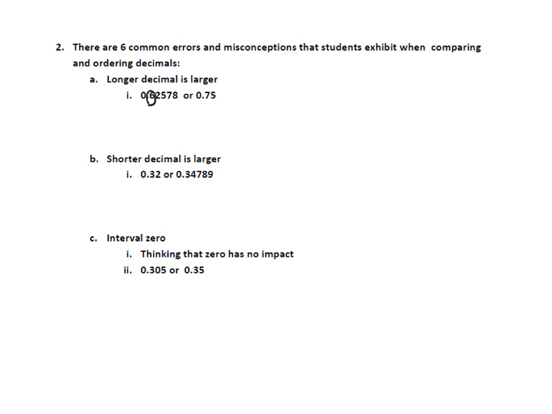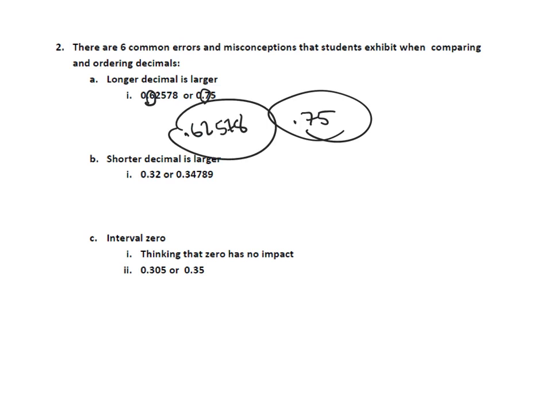So this one is around 6/10. This is around 7/10. The 75 hundredths is larger than the first decimal. And you only have to look at one place past the decimal, and that would be 6/10 and 7/10, and you know that that one's larger.